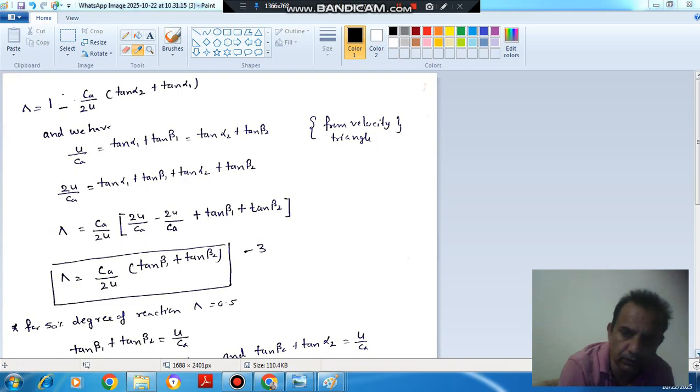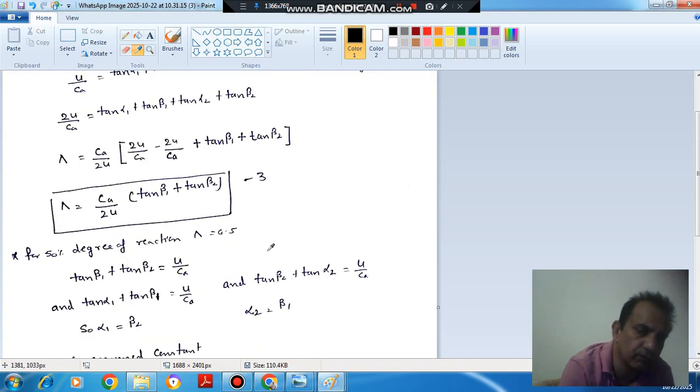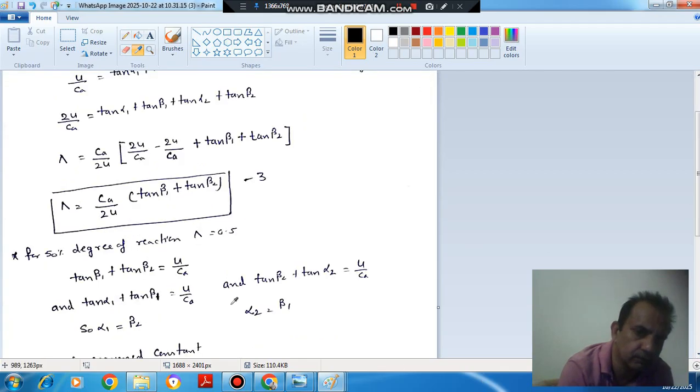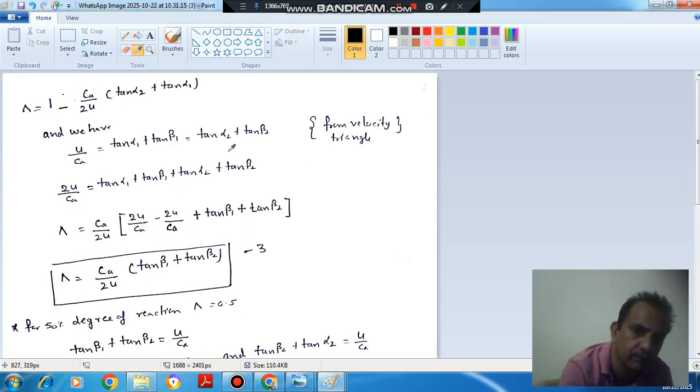If degree of reaction is 0.5 or 50%, then tangent beta 1 plus tangent beta 2 will be U by Ca. But we have tangent alpha 1 plus tangent beta 1 equal to U by Ca. From this we get alpha 1 is equal to beta 2, and we also have tangent beta 2 plus tangent alpha 2 equal to U by Ca from the outlet velocity diagram that we have written.